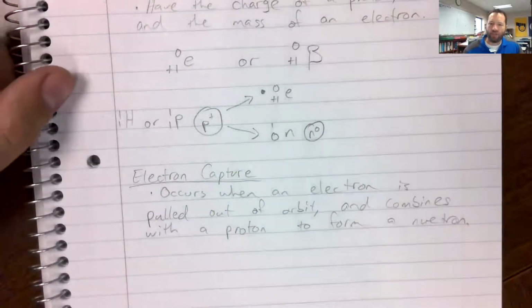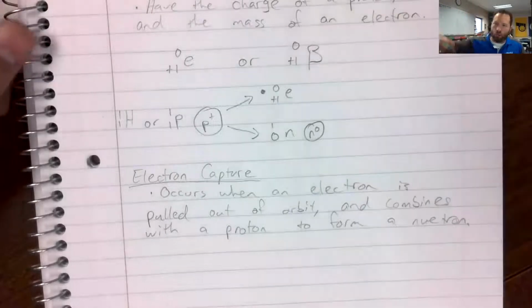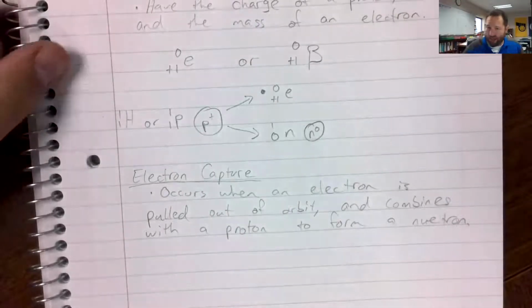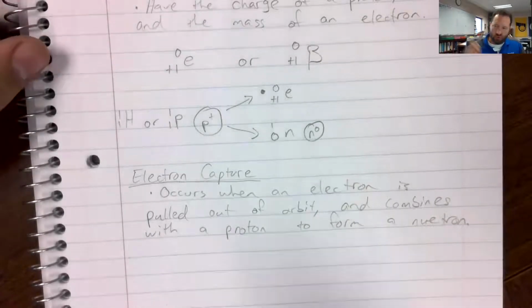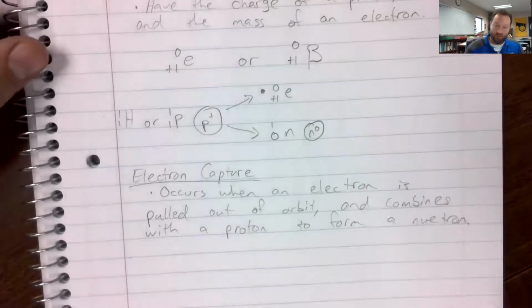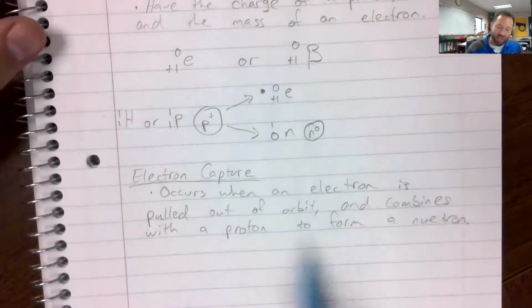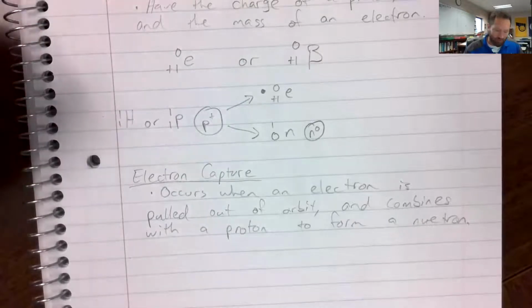It occurs when an electron is pulled out of orbit. So remember, those electrons are kind of orbiting around the nucleus, not like the solar system. We'll talk more about those orbits later. But the electrons surrounding, in the space surrounding the nucleus, one falls out of the orbit and combines with a proton to form a neutron. So it's kind of a weird event.